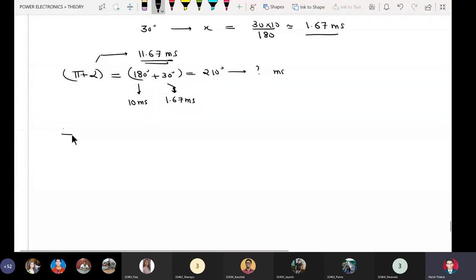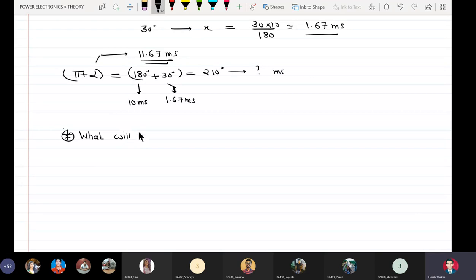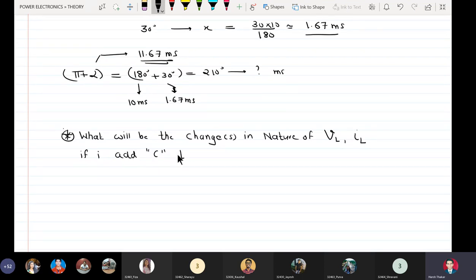Now a question to you is this: what will be the change in nature of load voltage, load current if I add a capacitance to R instead of L?